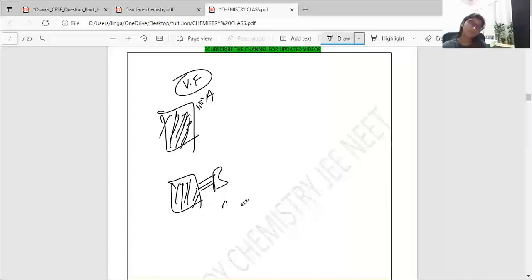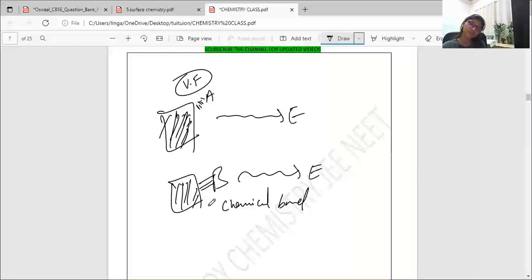Here chemical bonds are there. So here also energy is released. Now the question is where more energy will be released, E1 and E2. What will be the correct answer? E1 equal to E2, or E1 greater than E2, or E2 greater than E1?